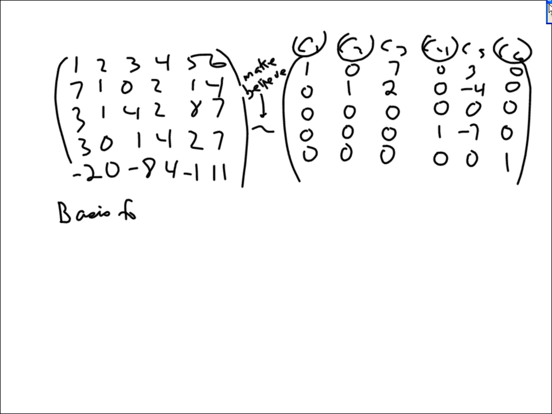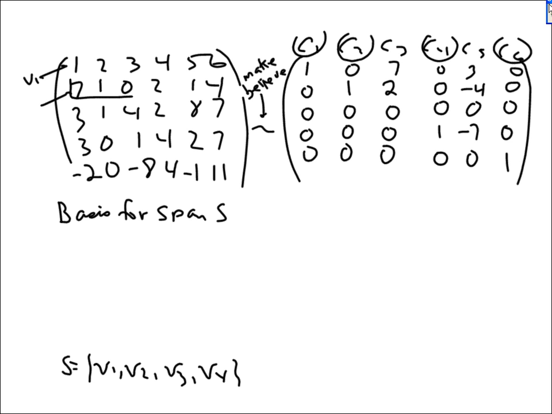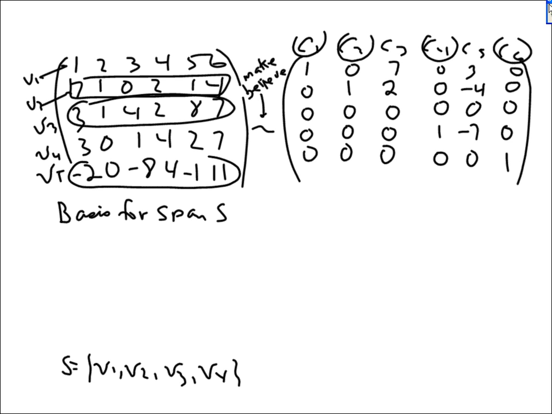So now, the basis for the span of S. What is S? Maybe I should have written it down. S is vector 1, that whole row; what I just circled, the box, is vector 2; this here is vector 3 and vector 4, and then lastly vector 5. So what is the basis for the span of these vectors?